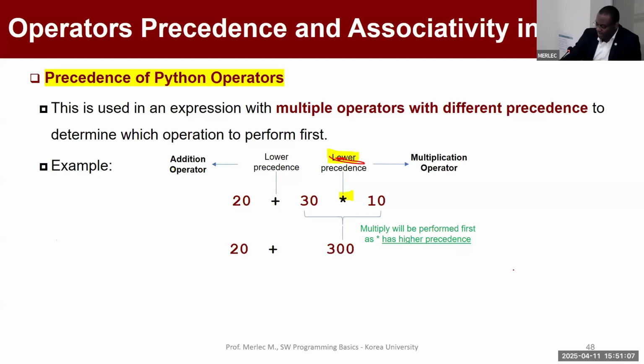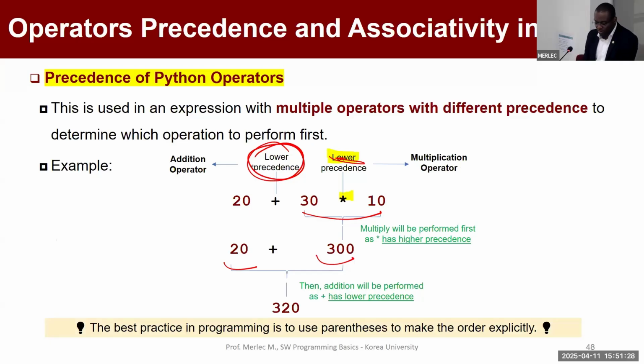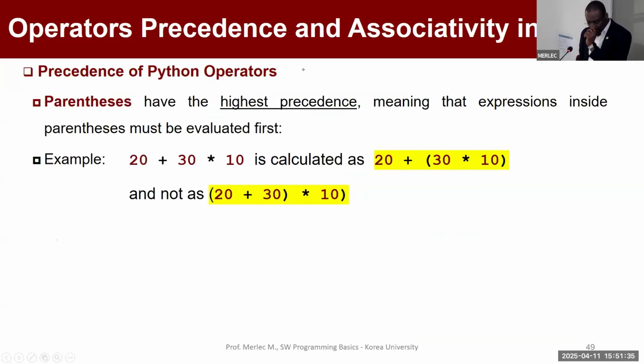The higher precedence operation will be evaluated first, and then the result will be combined with this, because this one has lower precedence. This is the way Python processes this expression. The best practice when programming is to use parentheses, because parentheses guide the interpreter in the logic you try to build.